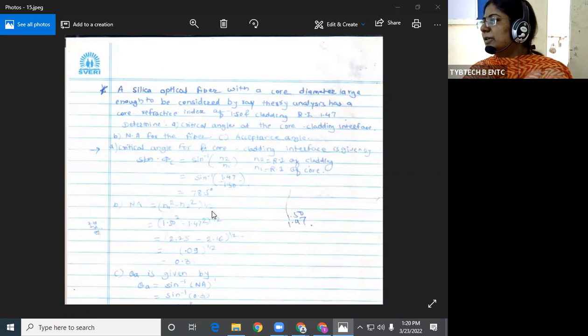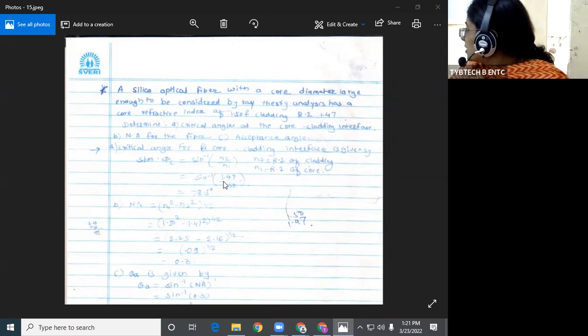How will you calculate it? We have seen the NA formula. What have we seen? NA is equal to (n1 square minus n2 square) raised to 1 half, and that is also equal to what else is in the formula? Yes, anybody?